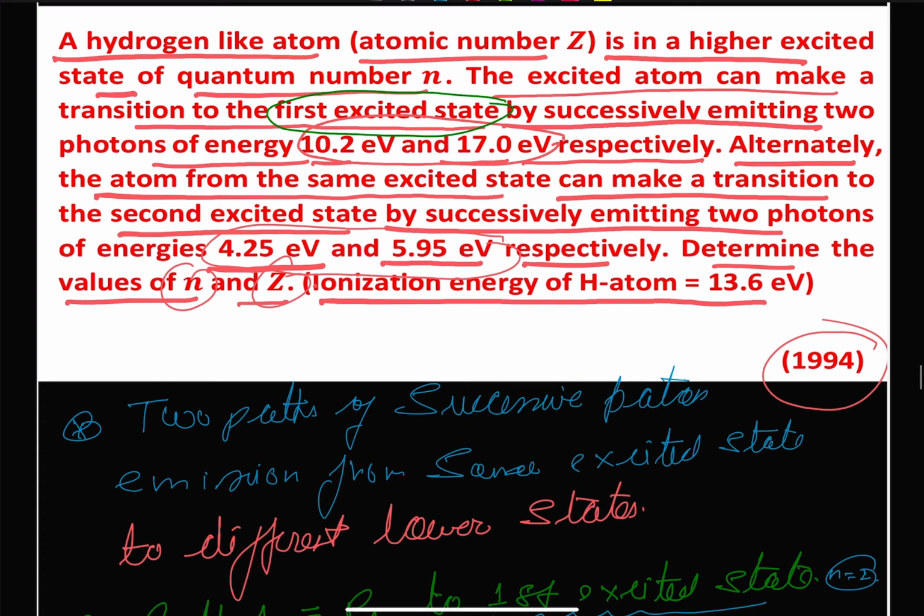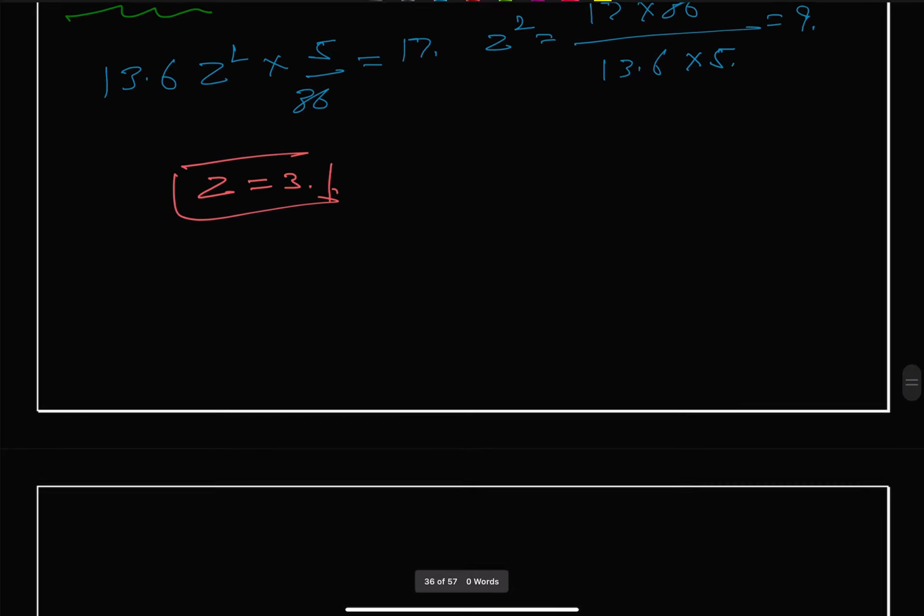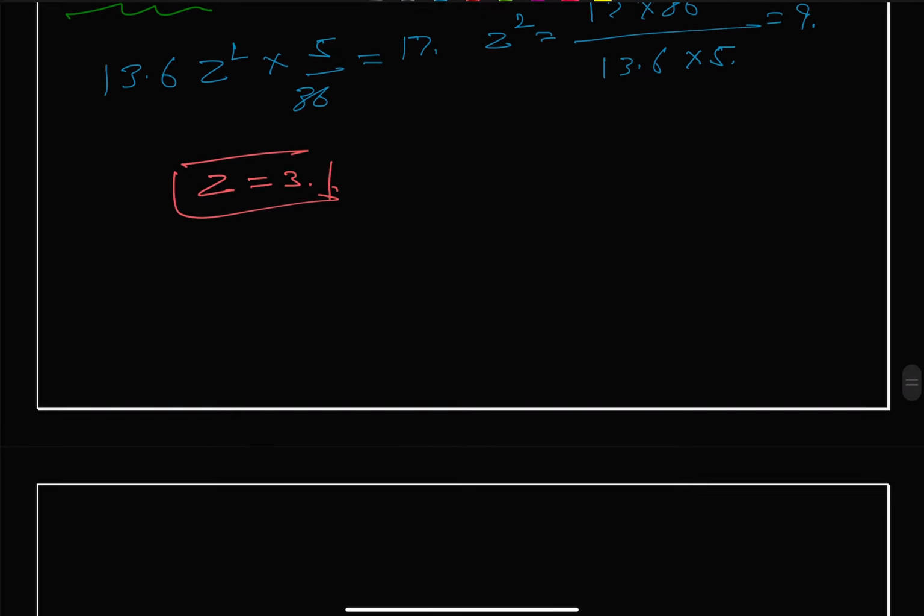We were supposed to find the value of n as well as Z. We already found the value of Z. And we already know that E of n minus E of 2, any equation we can use, E of n minus E of 2 is equal to 27.2 electron volt, and E of 2 we can write from the standard equation as minus 13.6 times Z square by 4, and the value of Z is 3, so this comes as 9 divided by 4.